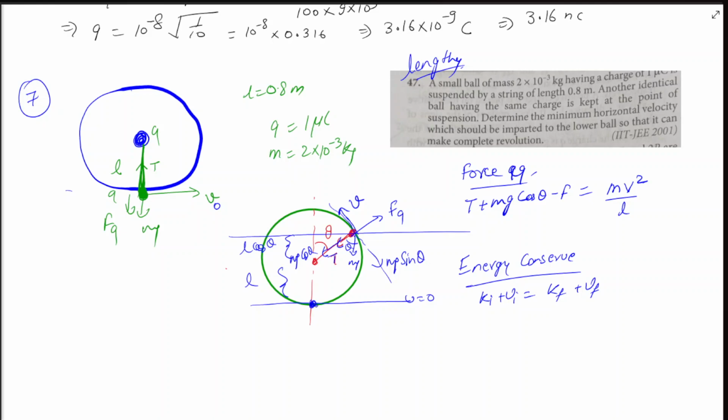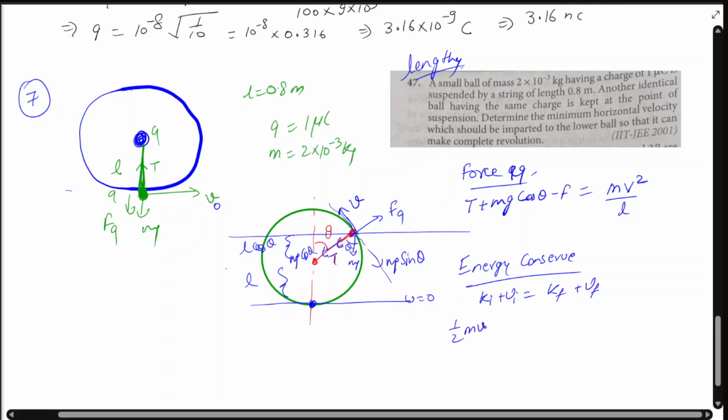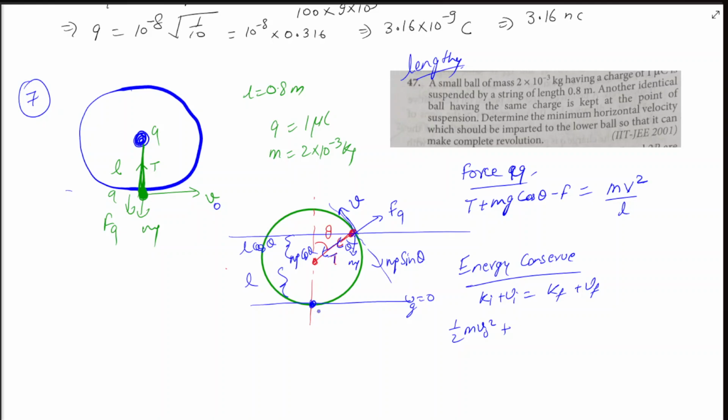Initial kinetic energy will be half m v naught square plus, okay, so U gravitational is 0. But there will be a U electrostatic, which will be minus k q square by L, right?